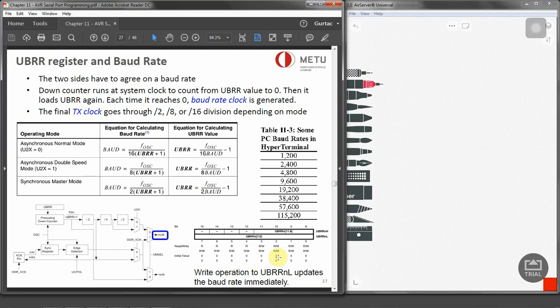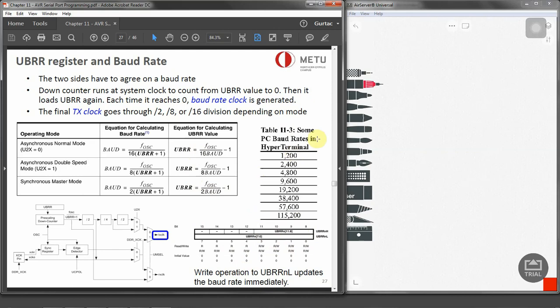So what we need to do, we first calculate the UBRR value, and then based on that we can load the UBRR register, UBRRH and UBRRL, based on the values that we have got.